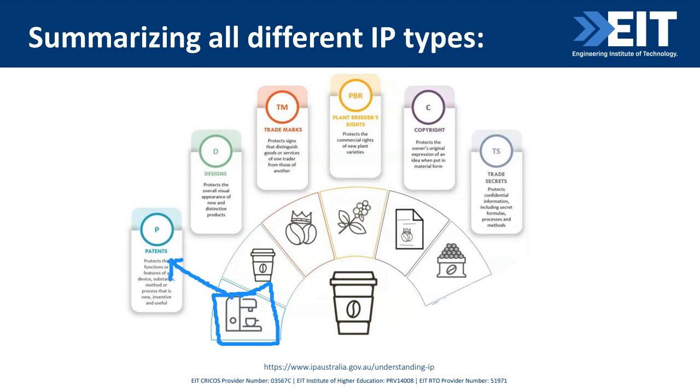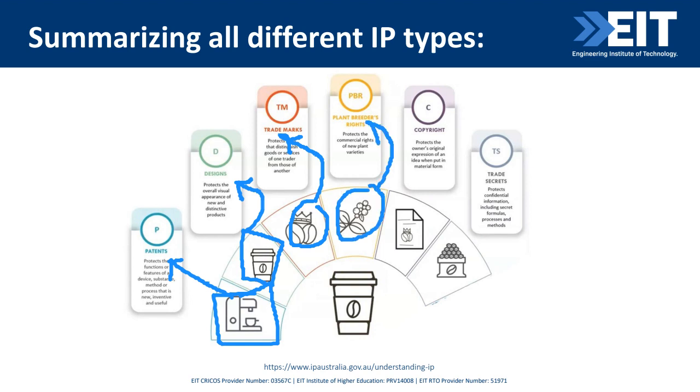You have also designed a very specific coffee mug to sell your coffee. So the way your mug looks is protected under designs. You might be using a logo on your coffee machine and on your coffee cup, which will be protected under trademarks. You have developed a very specific variety of coffee plants. This will be protected under plant breeders' rights.